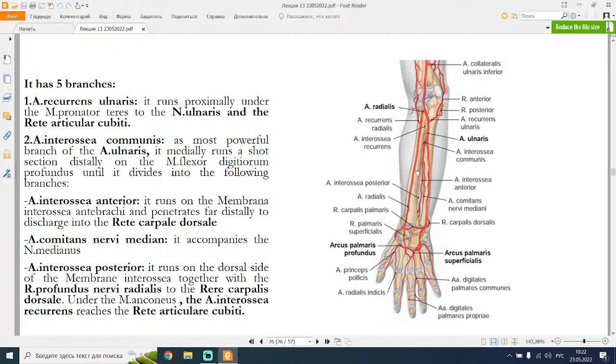Next, arteria interossea posterior. It runs on the dorsal side on the membrana interossea together with ramus profundus nervi radialis to the rete carpale dorsale and the musculus anconeus.